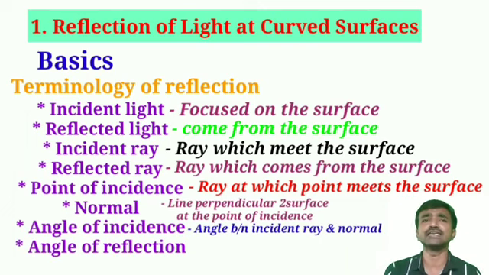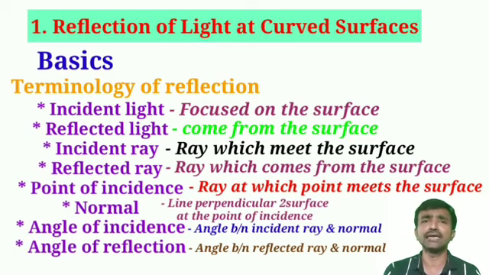We represent the angle of incidence by the letter i. The angle made by the reflected light ray with the normal is called the angle of reflection. The angle of reflection is represented by the letter r.